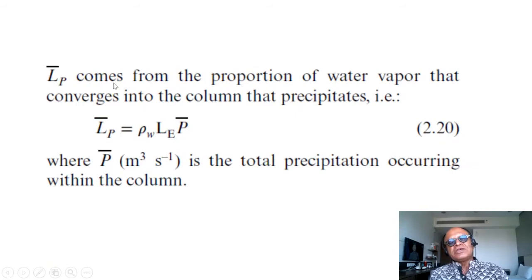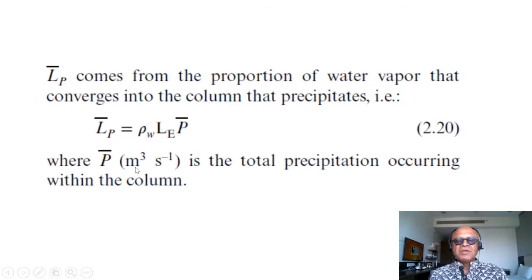Where does the latent heating come from? Obviously from the proportion of water vapor that converges into that column and precipitates. Right? So you have water density, latent heat of condensation and evaporation, times precipitation, P bar, in meter cubed per second. So you are looking at area and millimeters of rain, let's say, falling.